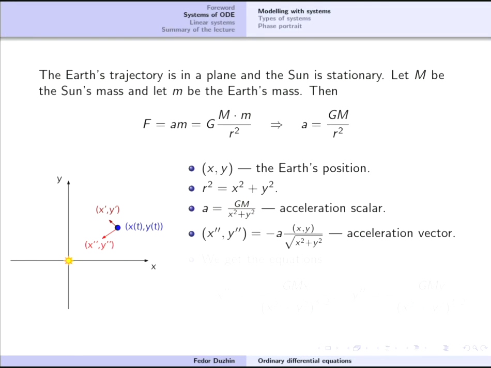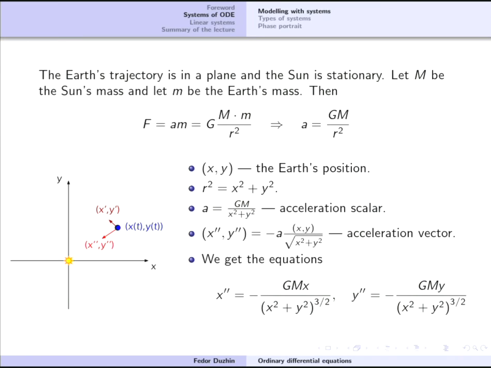So the acceleration vector is going to be proportional to (x, y), but its magnitude is going to be equal to a. That's how I got this formula. And therefore we get these equations.